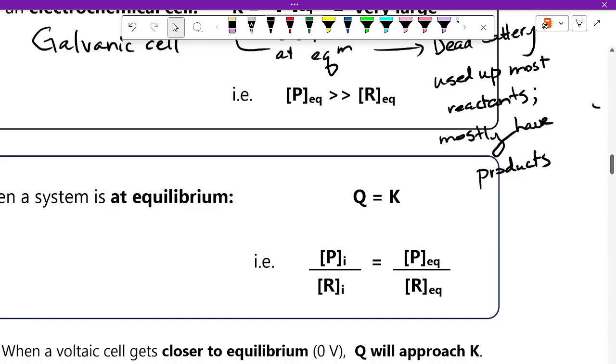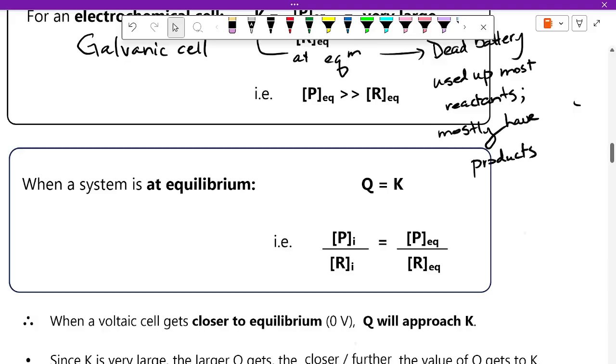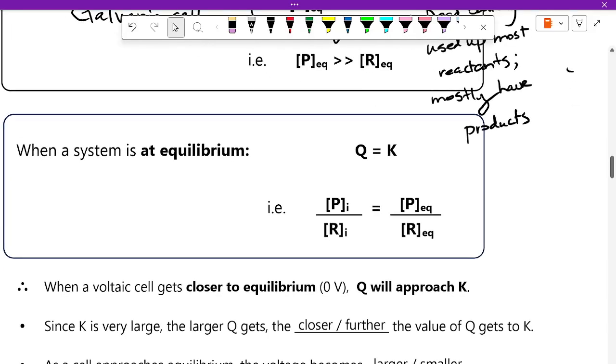So the system is at equilibrium when Q is equal to K. So when we have actually reached equilibrium, the voltage is going to be 0. So since K is very large, if we have Q values that are larger, that means that we are closer to K. Does that make sense?